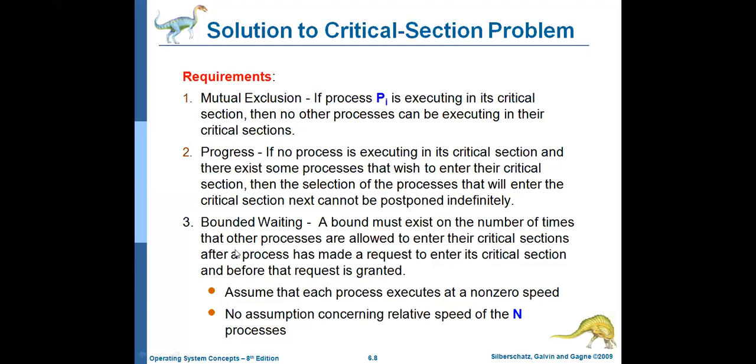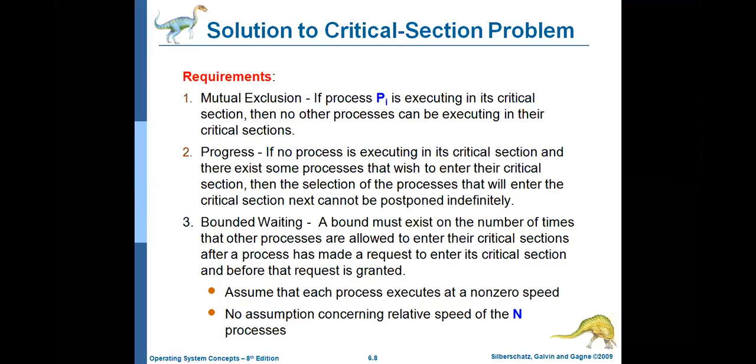And what about the third one? Bounded waiting. Whenever a process requests the critical section, it enters, uses the shared data or shared code, and then leaves the critical section. After coming out, the same process should not enter into the critical section again immediately.